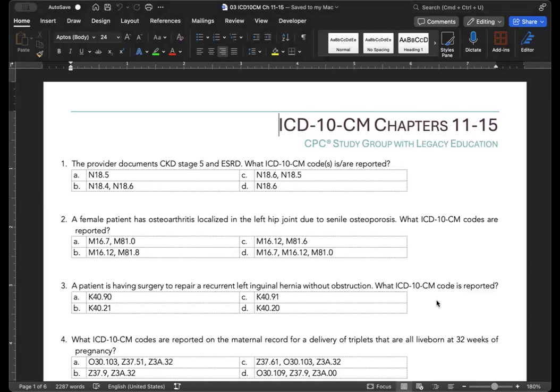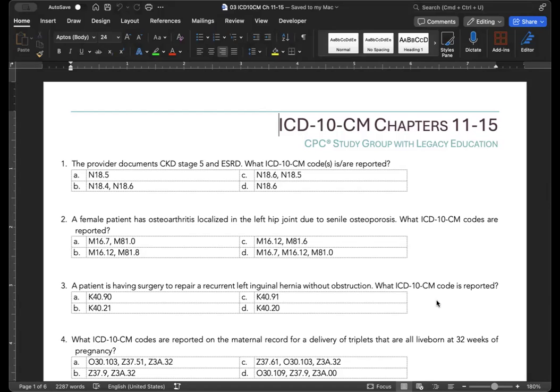So if everybody wants to flip to the guidelines for the urinary system, that's going to be your chapter 14. At the very beginning of chapter 14, under number one, stages of CKD, there is a kind of standalone sentence, the very last sentence.